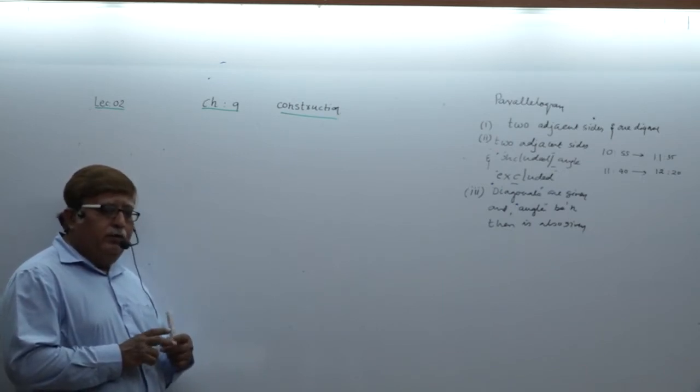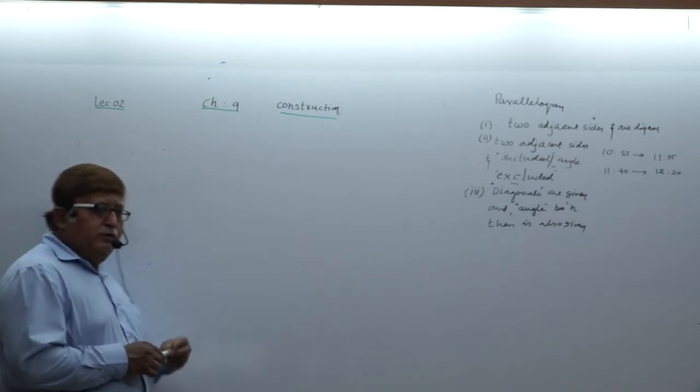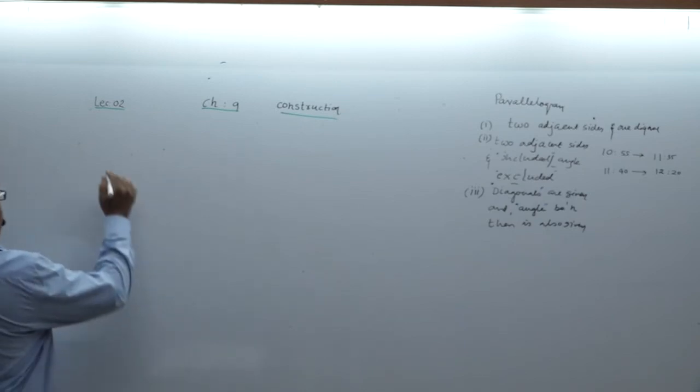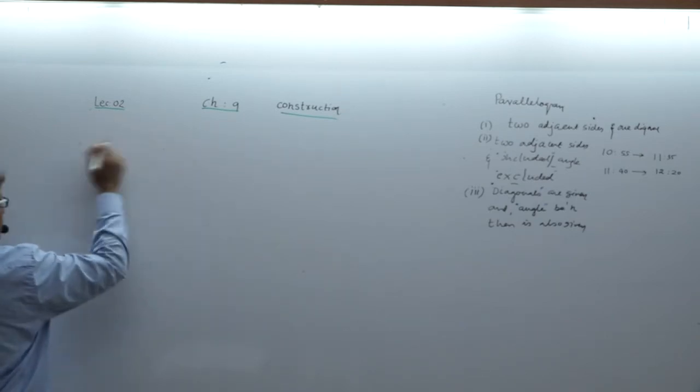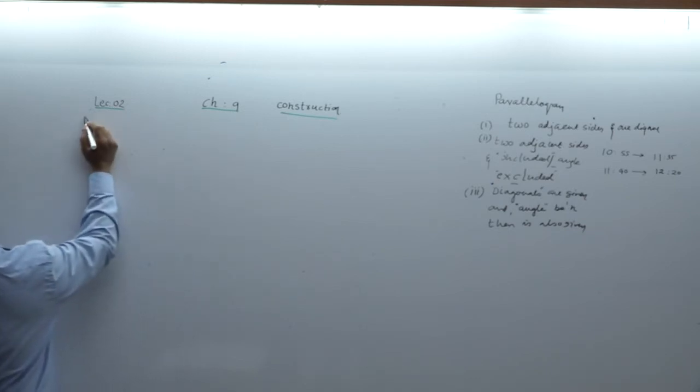Understand? You will be given in this construction two diagonals, and you will also be given the angle between them.